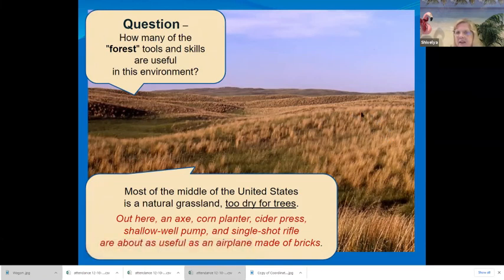And then that's when the kids start to realize that they may have overloaded themselves with some of the tools that they would be expecting to come into a forested area and chop down some trees, build a home with it, use nails, things like that.